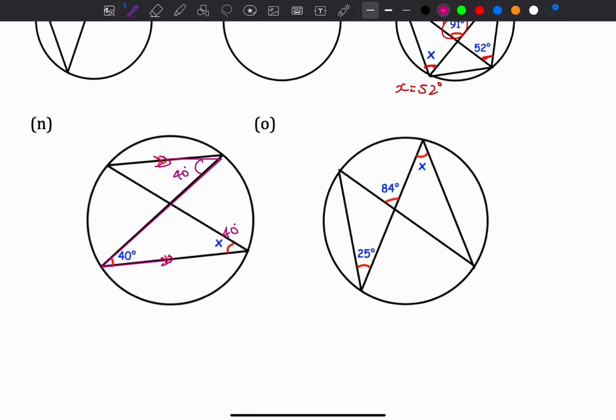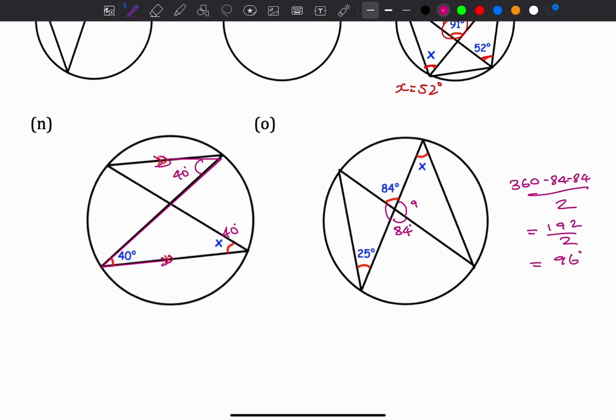This one, if this is 84, this is also 84. Vertically opposite angles are equal. And what about these angles? So 360, take away 84, take away 84, and then divide by 2 because you got the same thing. 84 twice is 168. If we take it away, 360 minus 168 is 192, over 2, that will give you 96.